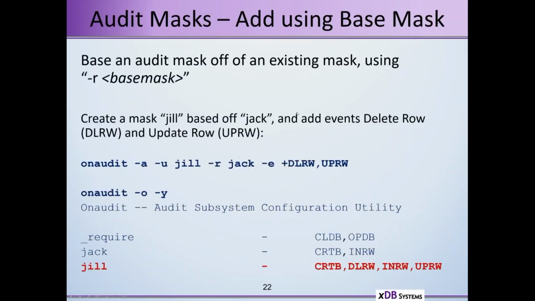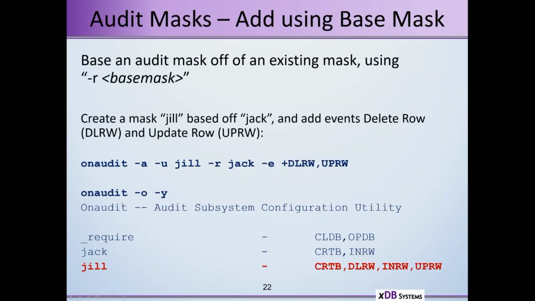A nice feature is that we can clone or copy a mask to another user. So here I'm creating a new audit mask for user Jill based on Jack's audit mask. And at the same time, we're also adding a couple of extra events.